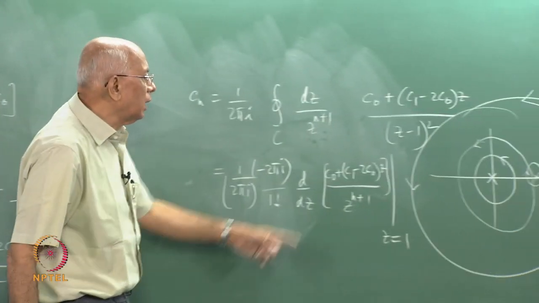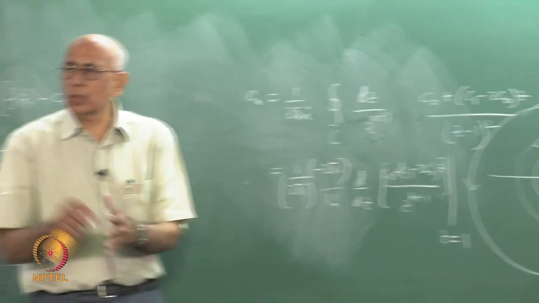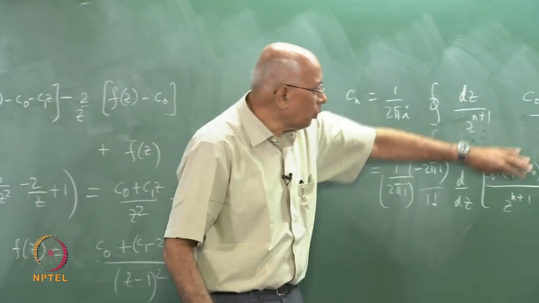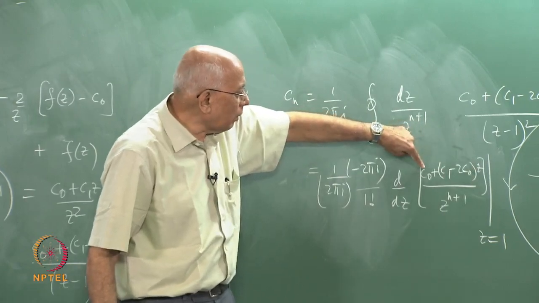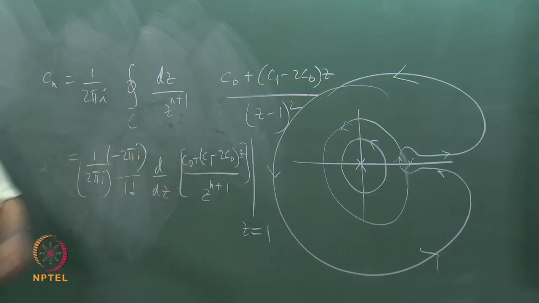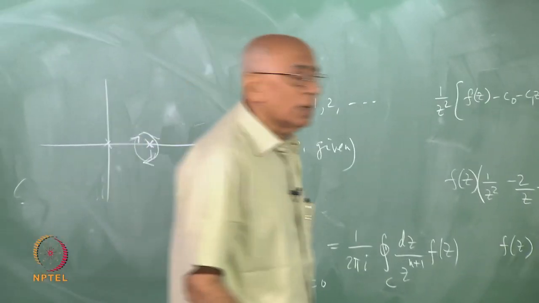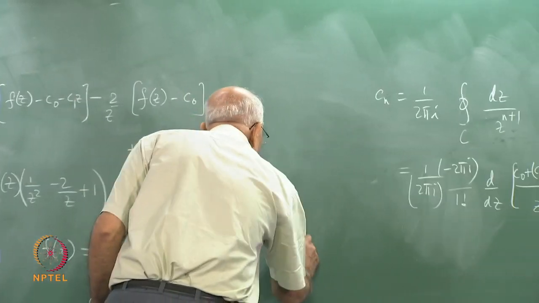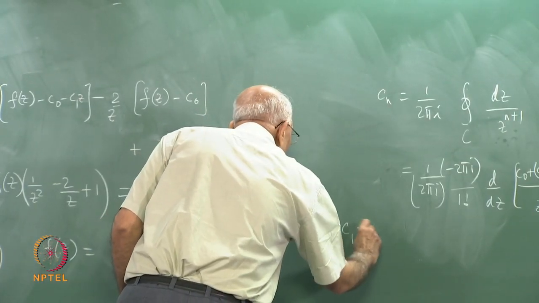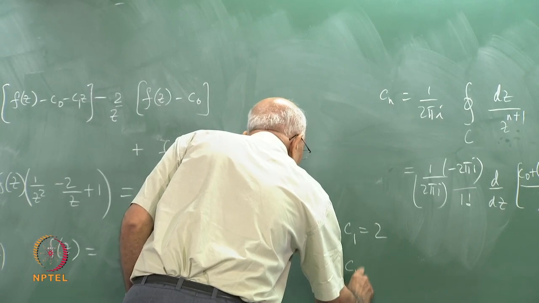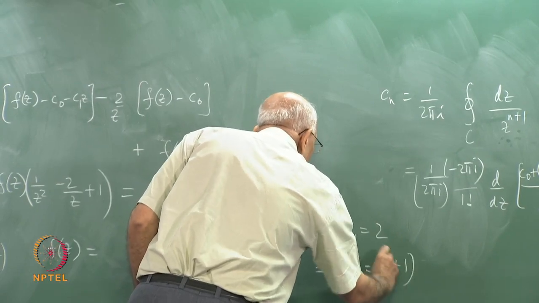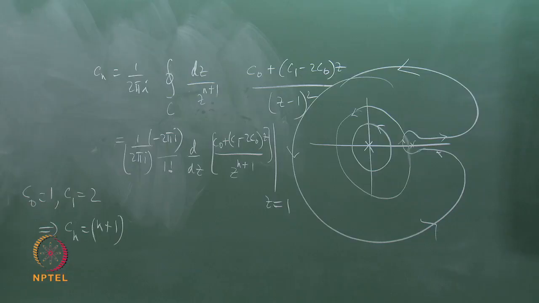In particular, if C naught is 1 and C1 equal to 2, so you start with 1, 2, etc., then this portion goes away and you just have a 1 here and you differentiate this once. So that gives you a minus n plus 1, the minus signs cancel and you end up with, if C naught equal to 1, C1 equal to 2 implies Cn equal to n plus 1, a linear function in n, as we knew all along.